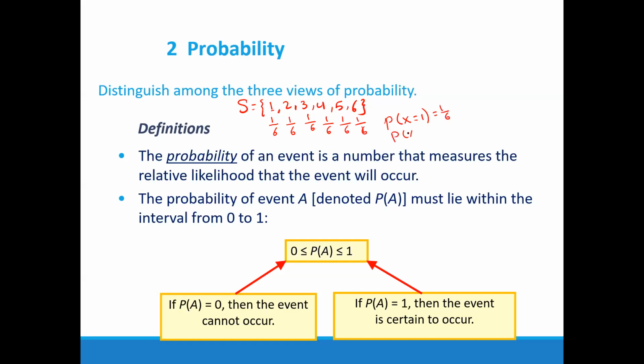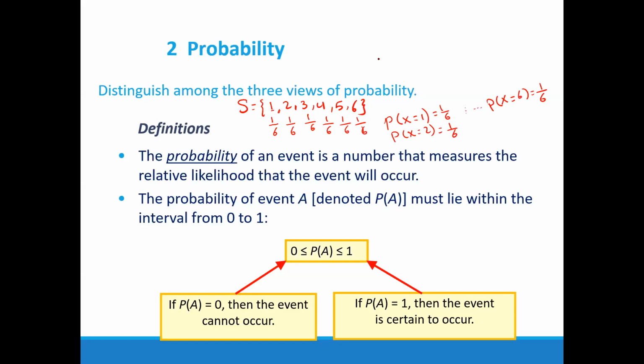The probability of x equals 2 is also 1 over 6. If we repeat this till the probability that x, which here means the outcome of the experiment, equals 6, the probability again is 1 over 6. So we count the total number of outcomes.